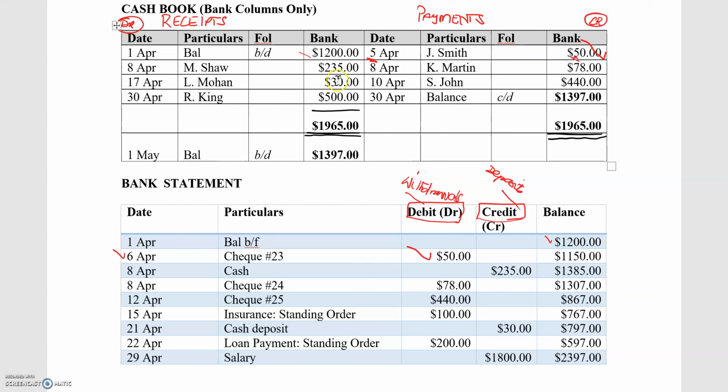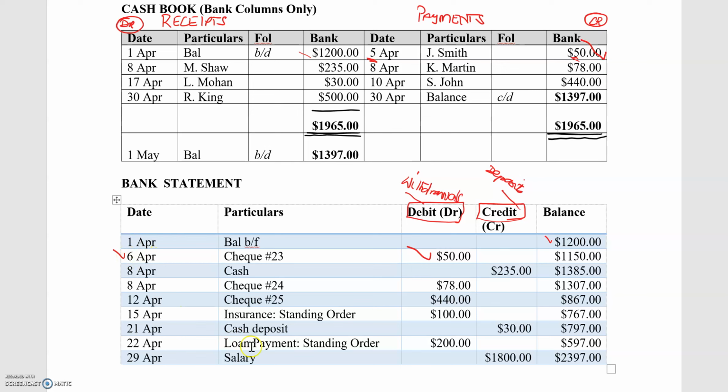So it is safe to assume that this check number 23 was written for the payee J. Smith with the amount of $50 on April the 5th, and it is reflected in the bank statement on April the 6th.